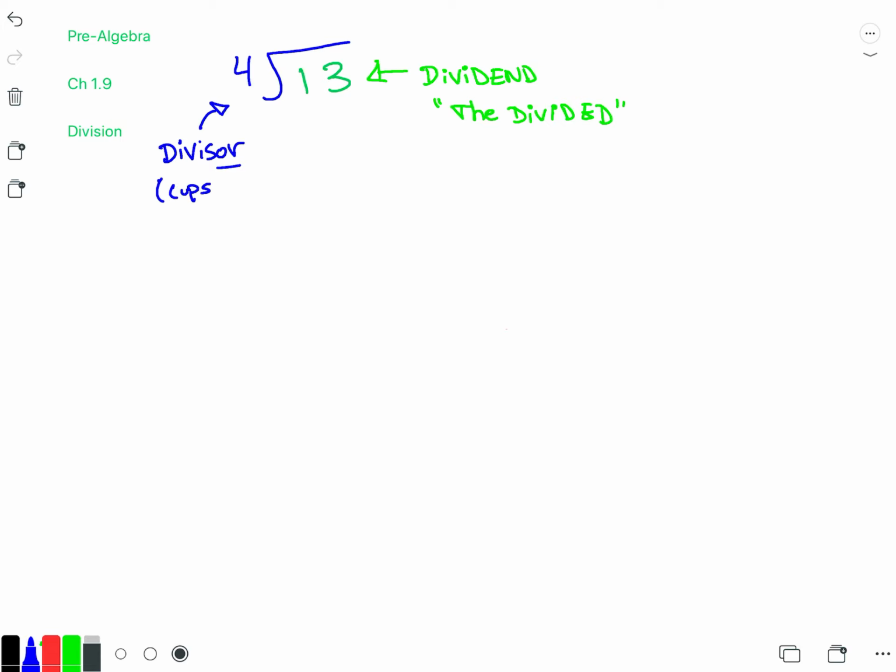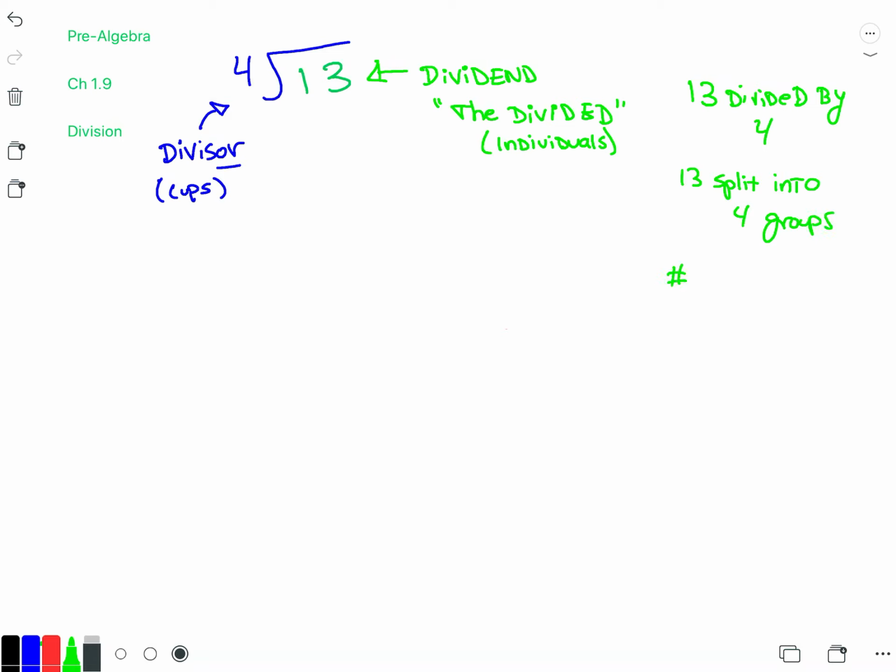And the way we say this is 13 divided by 4, or 13 split into 4 groups. And the question is, how many in each group? And remember, groups need to be equal.